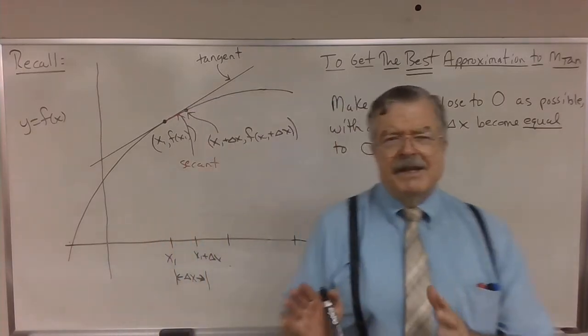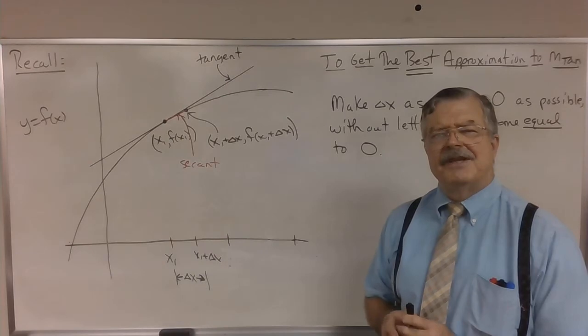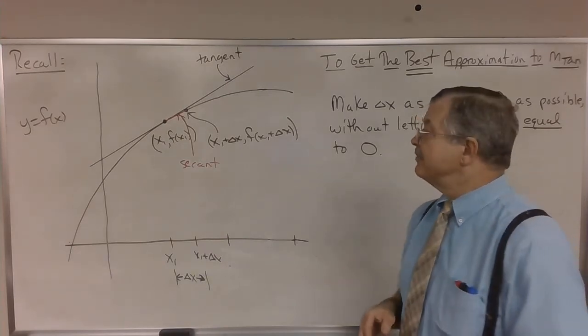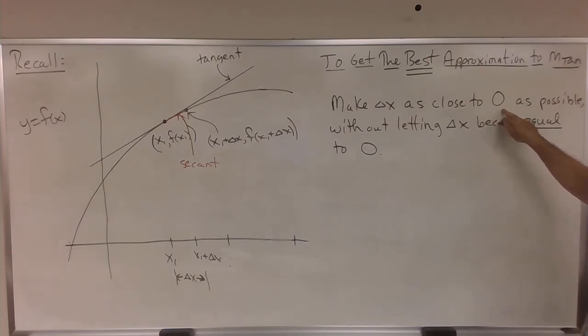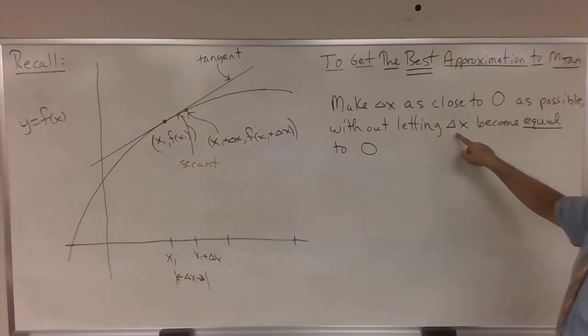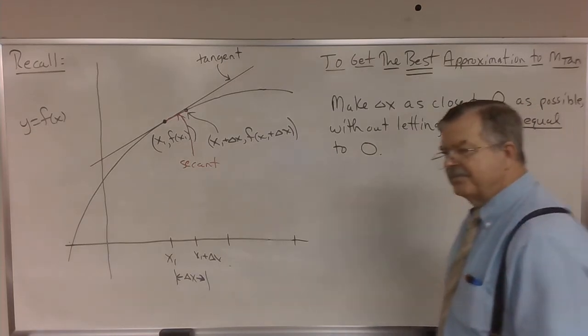Now, dig back into the recesses of your mind and see if this seems vaguely familiar. We want to make delta x as close to 0 as possible without actually letting delta x become equal to 0.